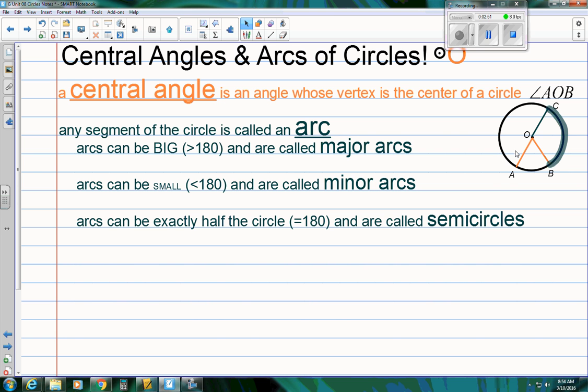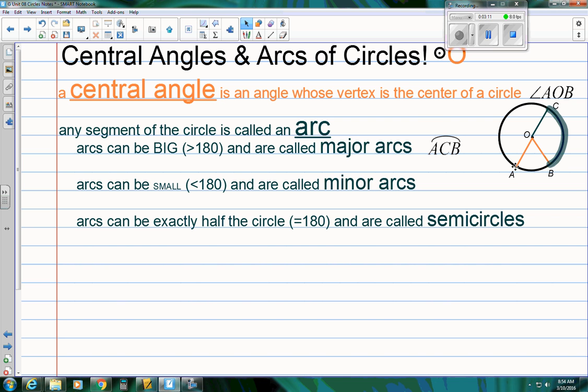Arcs can be small or less than 180 degrees, or they can be exactly half the circle or equal to 180 degrees. So we call the big ones major arcs, and we name our arcs with 3 points similar to the way we name angles.